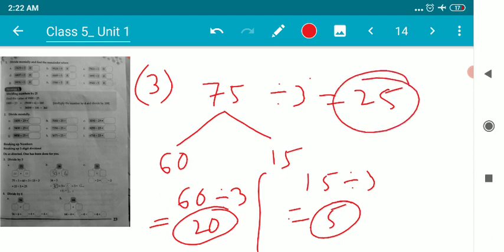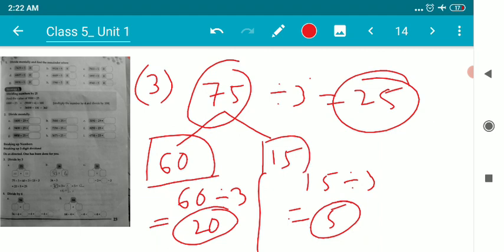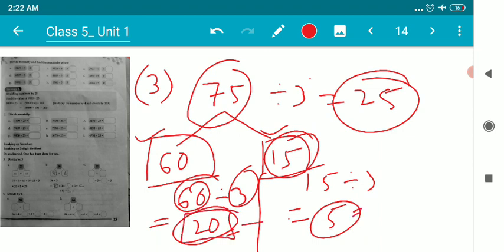Children, very simple. The number which is given to us, divided by 3, should be split into two numbers so that it can be divided by 3. So I have chosen 60 and 15. Now add the resultants, 20 and 5, and I get 25. That is what my answer is.